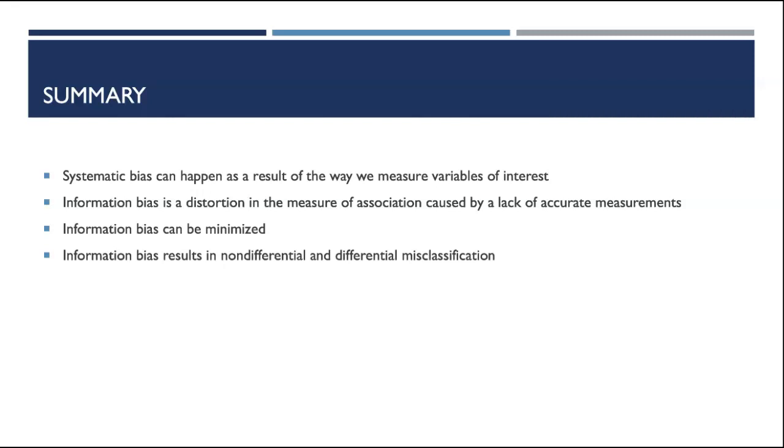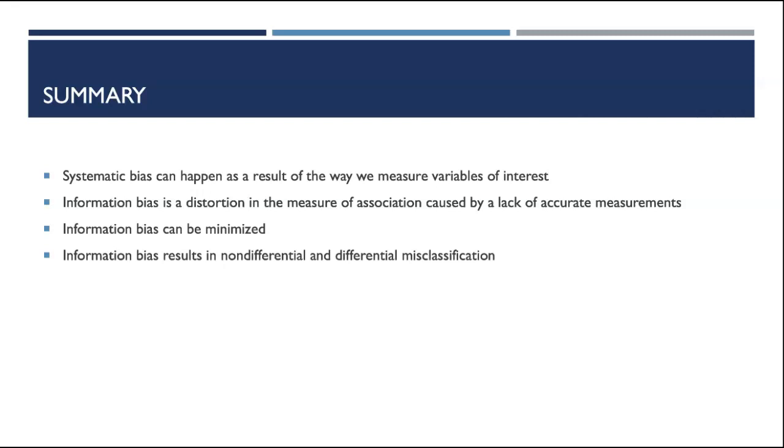Information bias can be minimized through some of the strategies that we talked about. So it's important to know those strategies and how to prevent, or I should say, minimize information bias in research studies. And you should be thinking about, when you read research studies, did the author do the things that they should have done to minimize information bias in this study?